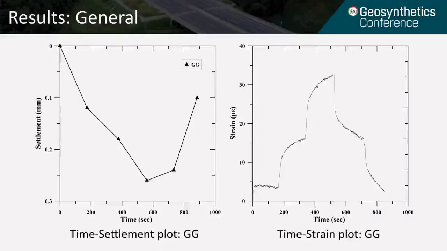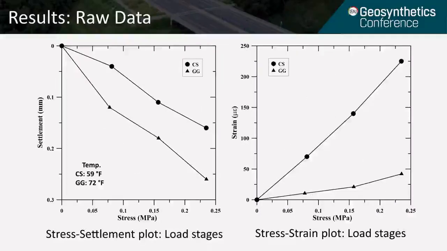All right, so from these figures, we can see that the settlement and the strain responses for a geosynthetic reinforced section is quite similar to that of a control section. Now, for simplicity's sake, in these figures, we've considered the settlement and strain responses only for the loading stages.